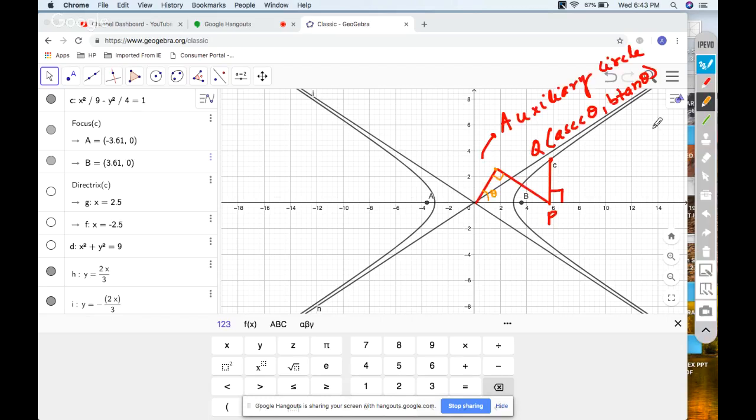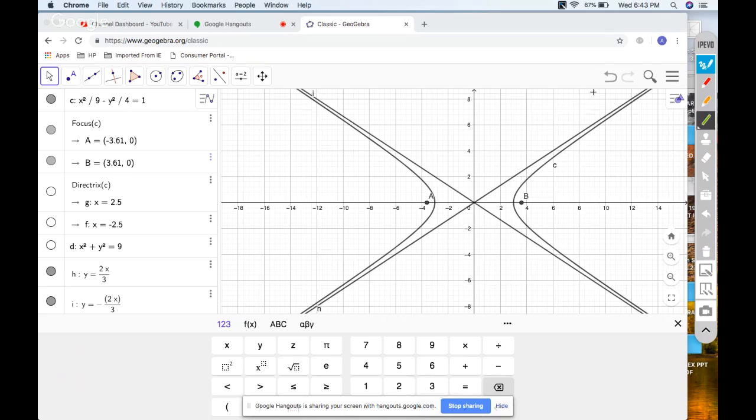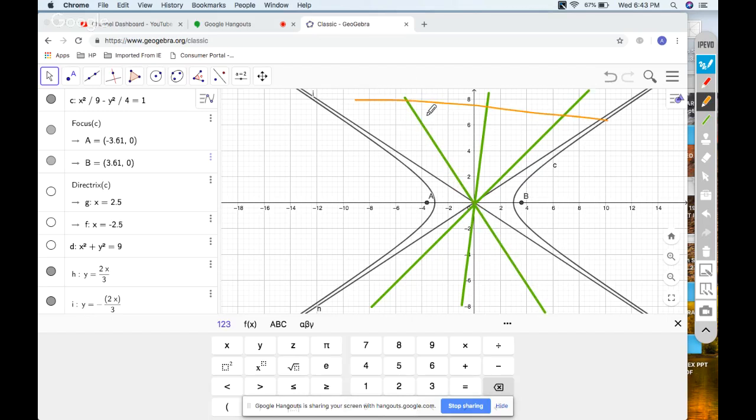That means your line could have slopes of this nature. It could be like this. It could be like this. I'm just drawing the slopes, I'm not drawing the exact tangent. Basically, this zone is the zone in which your slope should lie.